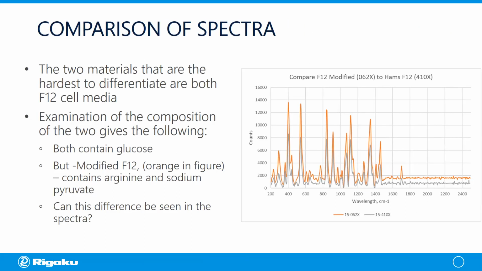They're both F12 cell media, and they both contain glucose. Now the only difference between the two of them is that modified F12, shown in orange here, contains arginine and sodium pyruvate. So can we examine the spectra and try and find some difference between the two of them?